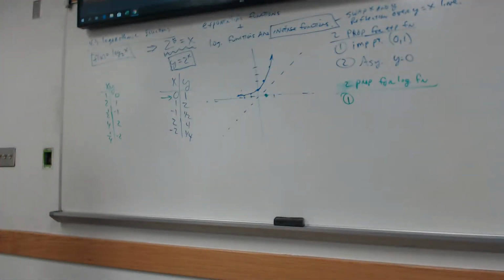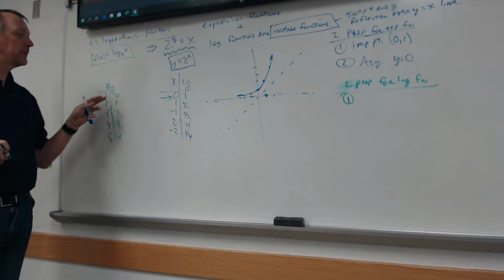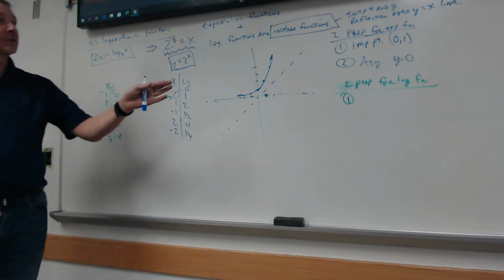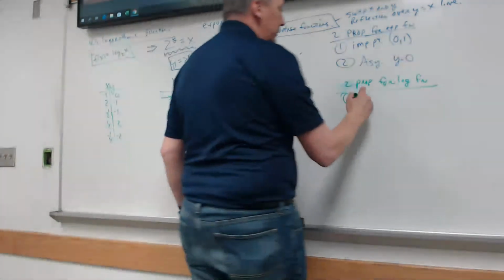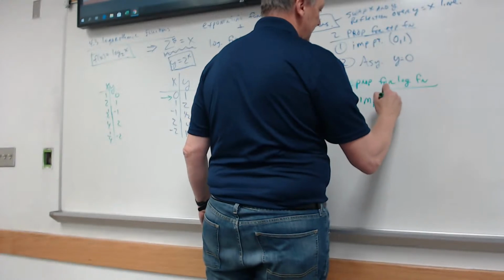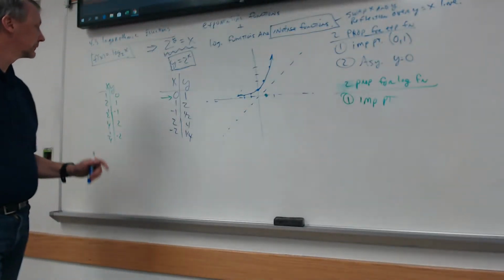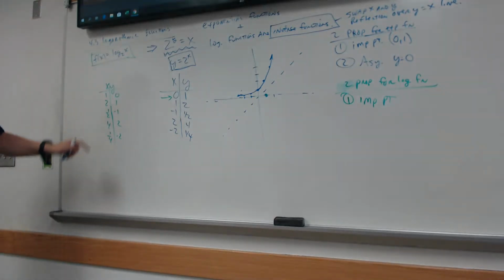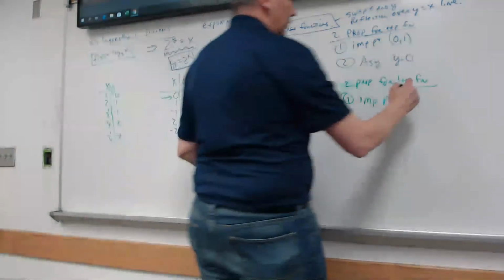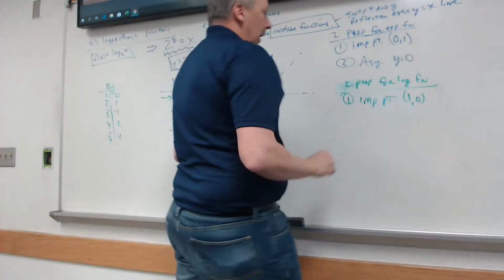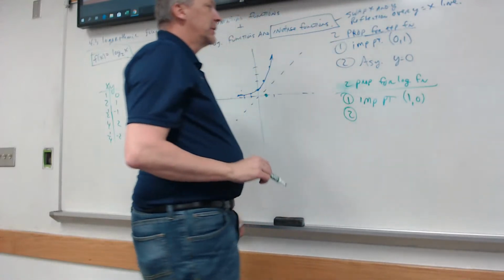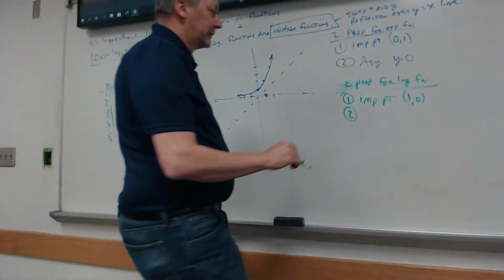We just said that. I know, that's why I picked them. Okay, so we've swapped all the points, right? So my important point is going to be what? Is 0, negative 1? Nope. 1, 0. And now my question is, we didn't talk about this. Where's your asymptote?